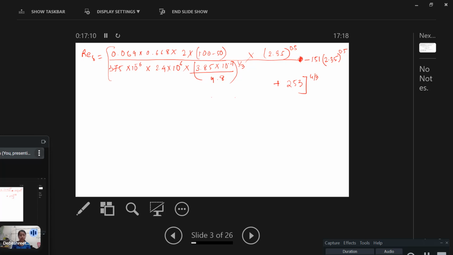Alright. Now if we calculate the whole thing, we'll get this Reynolds number as 2370, and this is for film condensation. It is turbulent.